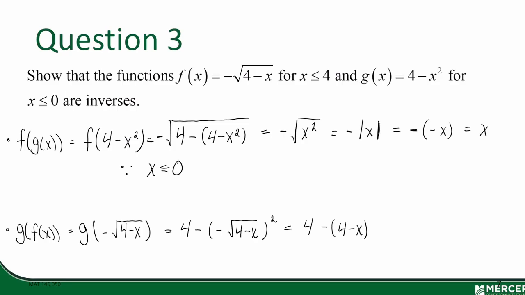Now we have 4 minus 4, which is 0. And we get minus negative x, which is just positive x. And we find that f and g are inverses.